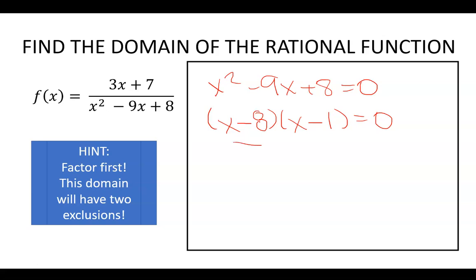I now have two things. This is exactly what we just did. Set them both equal to 0. It's a minus, so +8, it's gone.